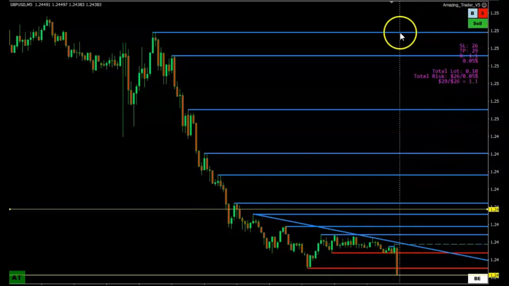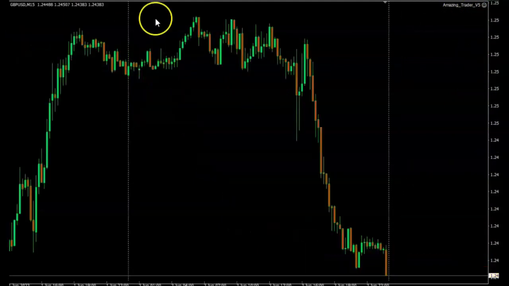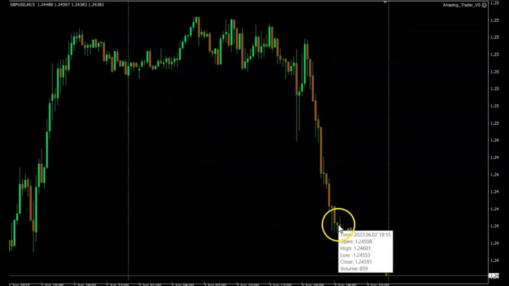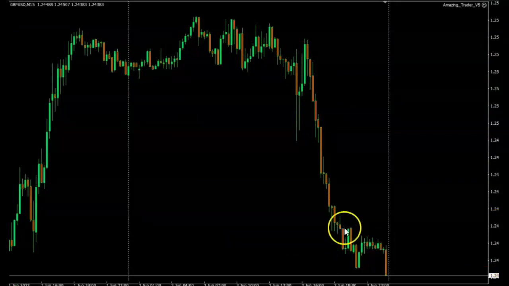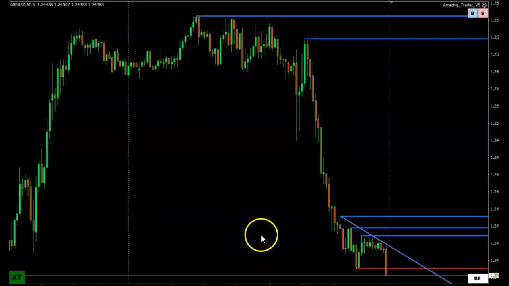So my point is that when you see a falling knife, or vice versa, market moving straight up on the upside, you don't want to try to catch the falling knife. You want to find a way to join in.